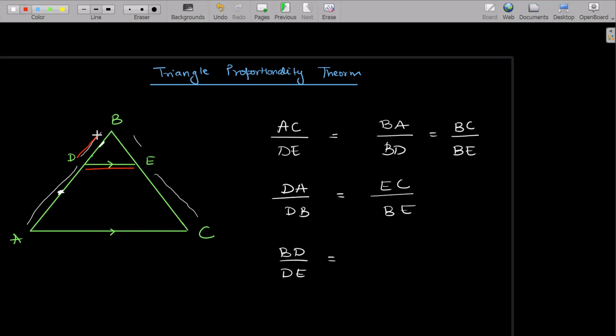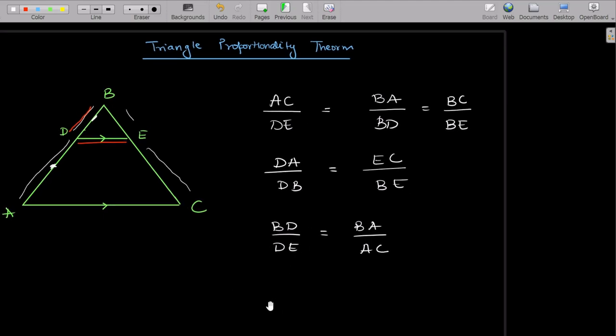BD over DE we have taken, and then it will be equal to BA over AC. Yes. Okay.